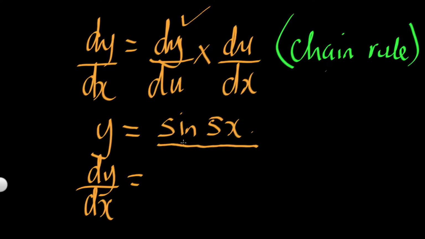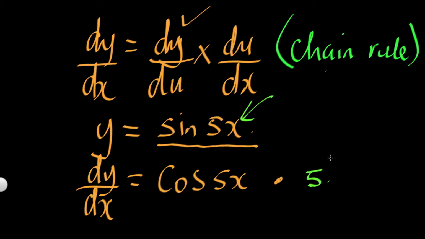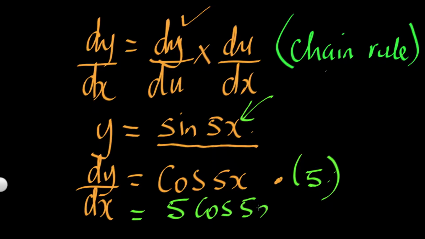So if we differentiate sine, we get a cosine. So it is cos 5x. We multiply that by the derivative of u, which is the derivative of 5x, which is 5. Let us rewrite our answer. So this is 5 cos 5x. We have applied the chain rule here.